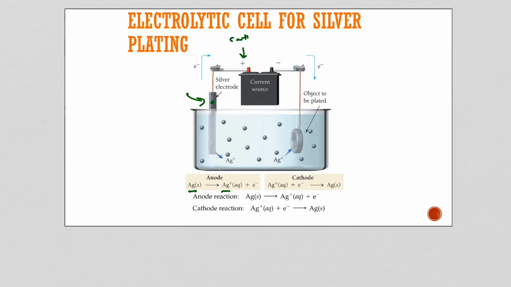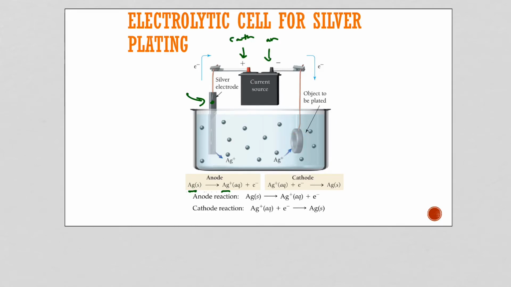Now the anode of the battery is producing electrons, and those are forced or drawn to the cathode of the electrolytic cell, where those electrons are used to reduce these metal ions that are present in solution. In this case, silver ions, and those silver ions are converted to silver metal, which is deposited at whatever metals that were here that we're depositing onto.